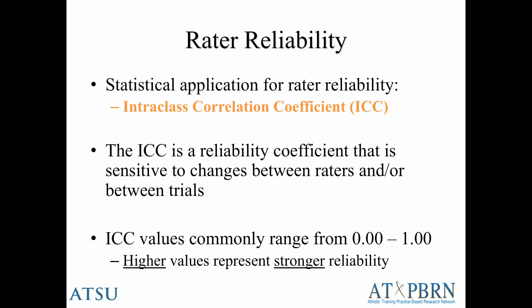To measure rater reliability, the intra-class correlation coefficient, also called the ICC, should be used. While we are not going to focus on an in-depth understanding of this statistical test at this time, it is important to cover some basic features of the test to help you interpret the values you may come across when appraising evidence. To begin, it is important to highlight that the intra-class correlation coefficient measures the strength of association between 2 measures.